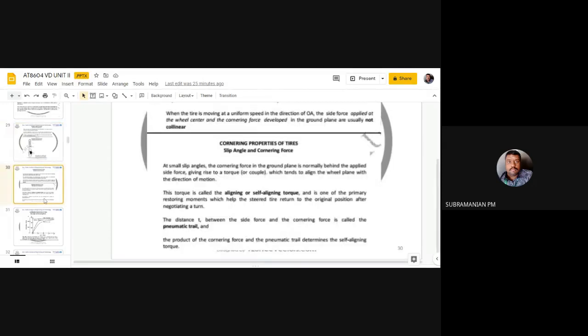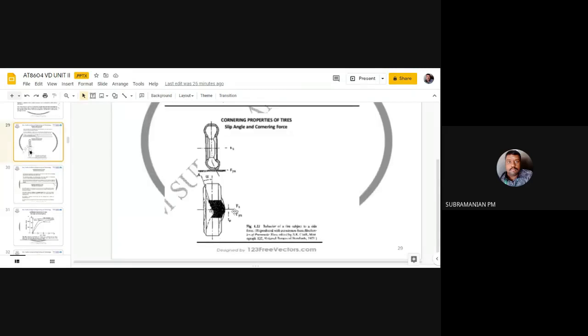That distance is called the pneumatic trail. You have to understand that the distance between Fs and Fy alpha is known as the pneumatic trail.